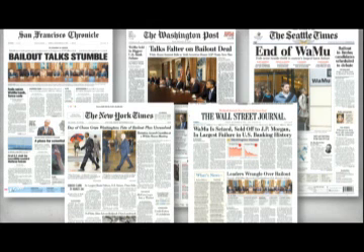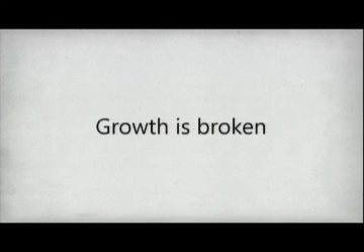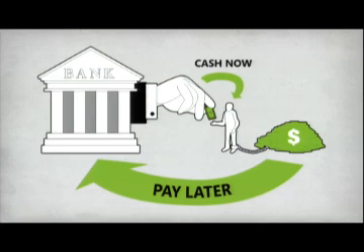But what this highlighted for me was that there was a real problem with the model in how banks make money and how our economy makes money in general. And 2008, if it taught us anything, was that our entire concept of economic growth is broken. And that the reason for this is that there's too much of a burden placed on debtors, the people who are trying to pay off their credit cards, just trying to make ends meet.